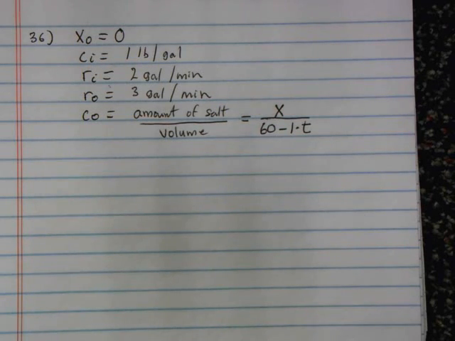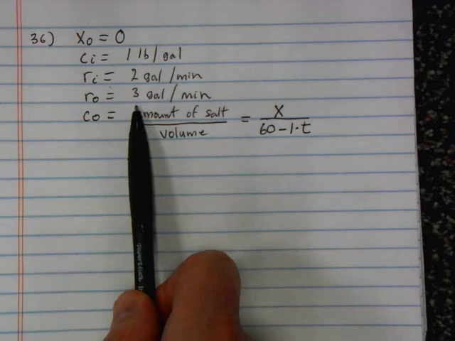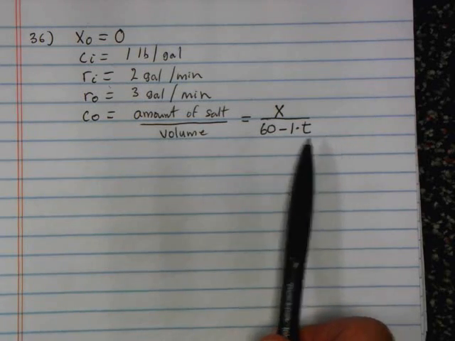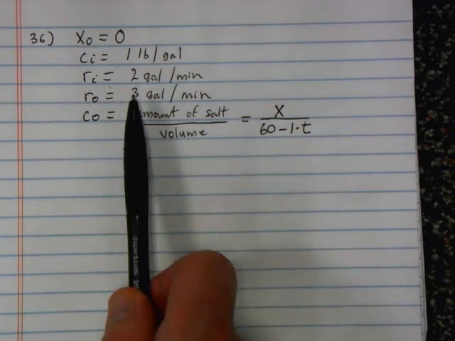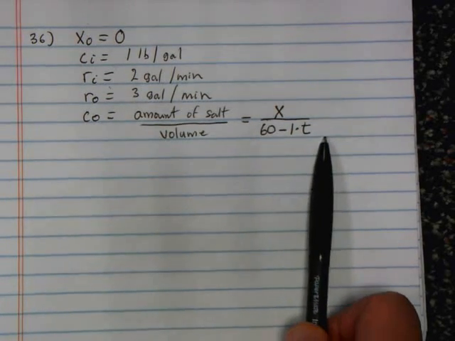So if this had been 2 gallons coming in and 4 gallons going out, then what would I have had on the bottom? 60 minus 2t. Conversely, if I had 3 gallons coming in but only 2 gallons going out, 60 plus t.